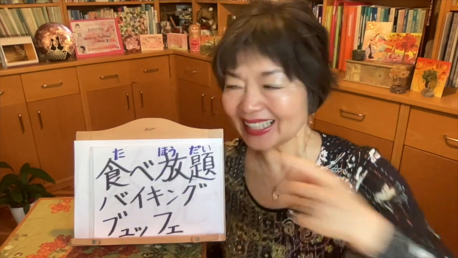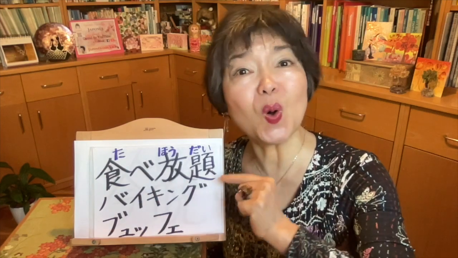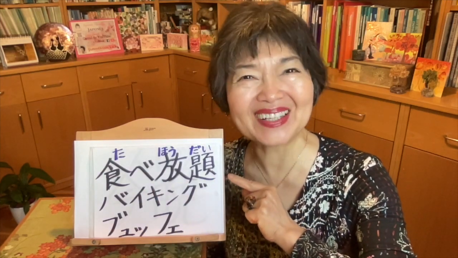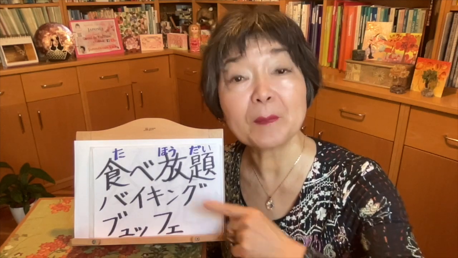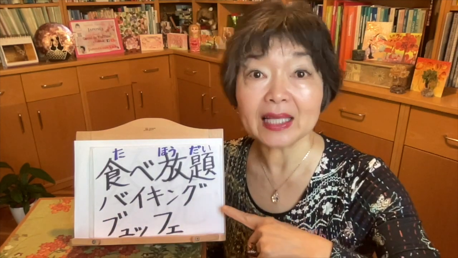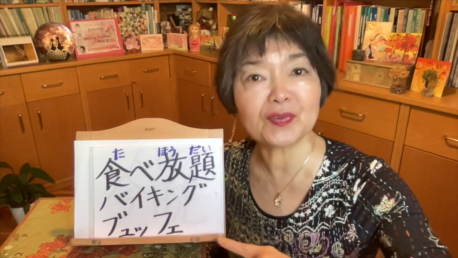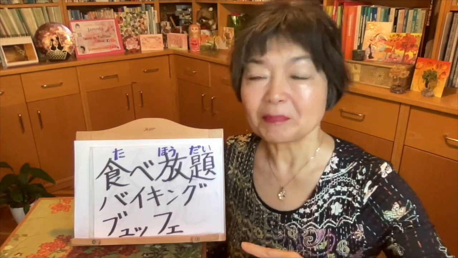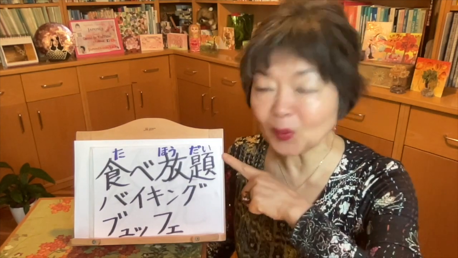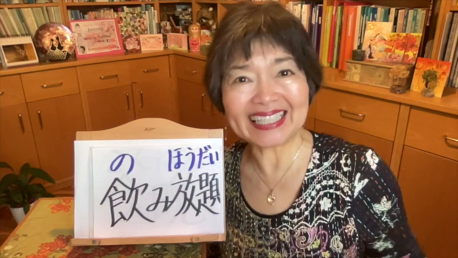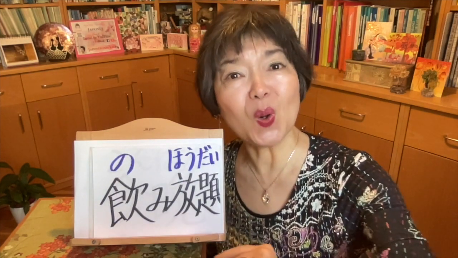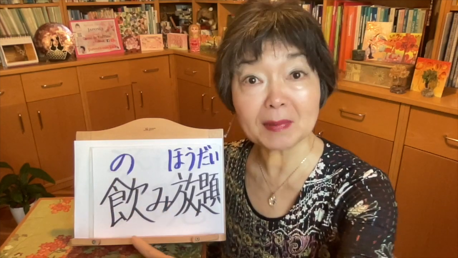All-you-can-eat restaurant, we say 食べ放題, or バイキング. And also we can say ビュッフェ. But we use 食べ放題 and バイキング the most. And all you can drink is 飲み放題, from the verb 飲みます, to drink.